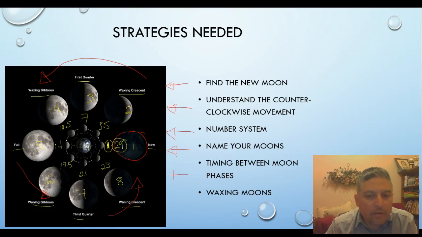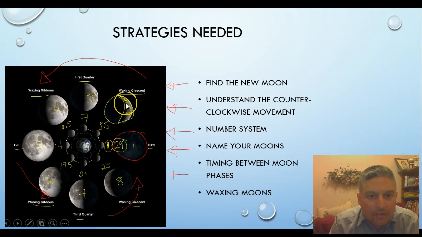Recognize a couple of characteristics about waxing moons. Notice that the lit side of the waxing moons is on the right. Notice how this is on the right side and all this area is completely dark. So this is the white side or the lit side of waxing moons. They all have it on the right side.